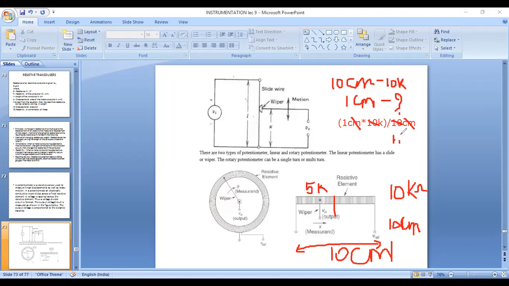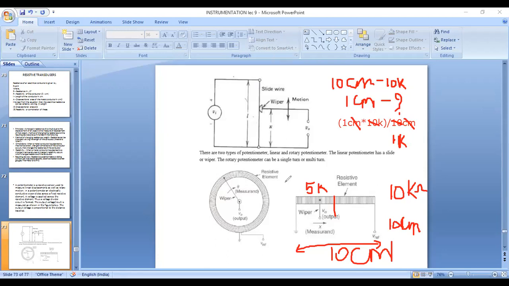So for 1 centimeter, the resistance is 1k. For the 2 centimeter position of the wiper, it is 2k. For 3 centimeters, it is 3k. Likewise, resistance is linearly spread in the potentiometer.